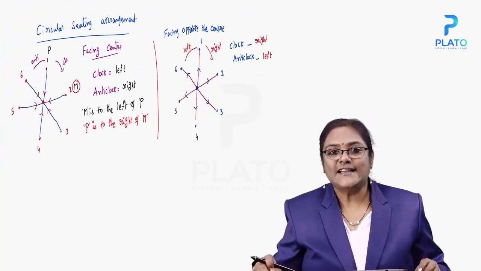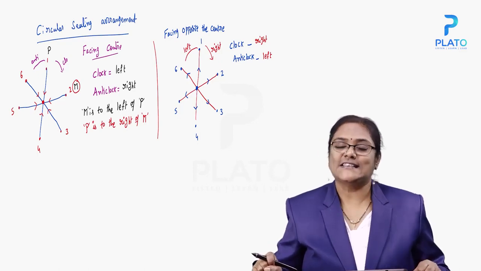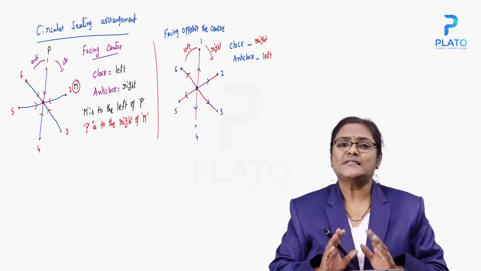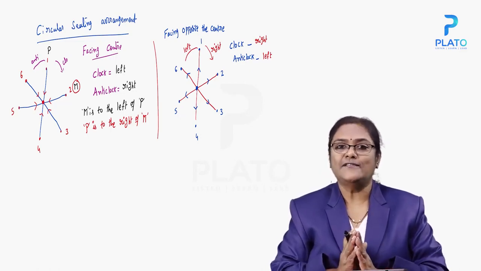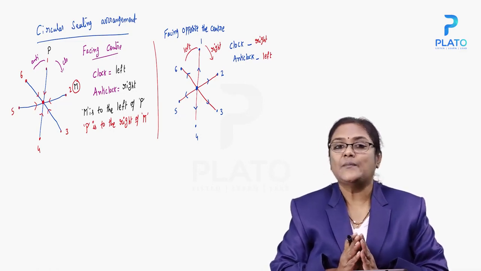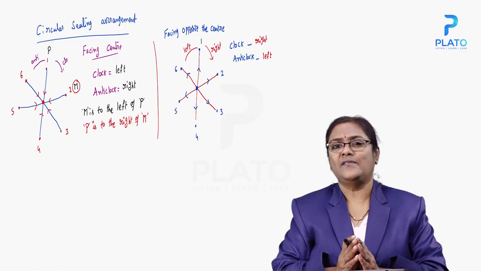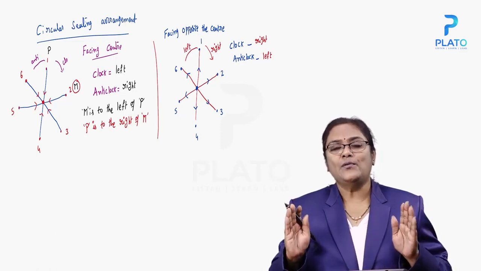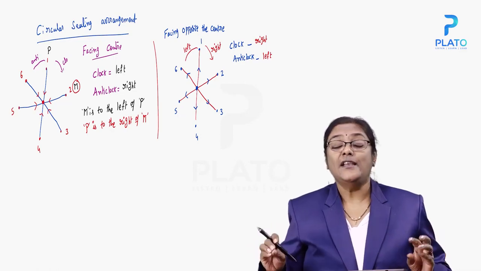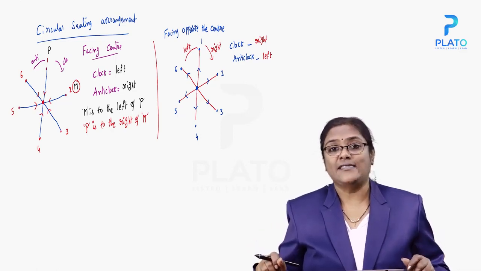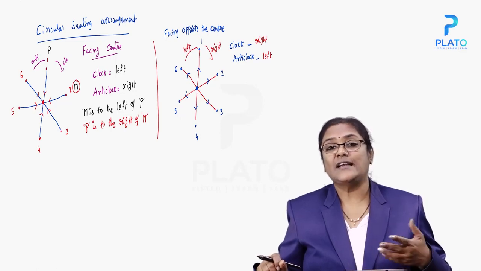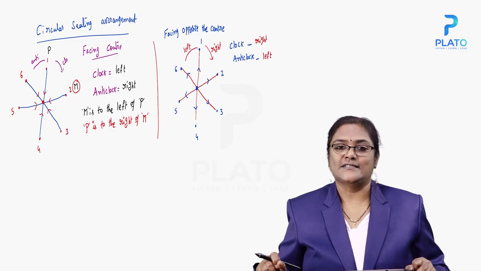So facing the center, facing opposite the center. Now, what happens sometimes? Sometimes the person will not give you the exact information, whether people are facing the center or people are facing opposite the center. You will be given only information that some people are sitting around a circular table. Then you get confusion. Ma'am, how to understand that time? Should I take clockwise, should I take facing the center, should I take opposite the center?